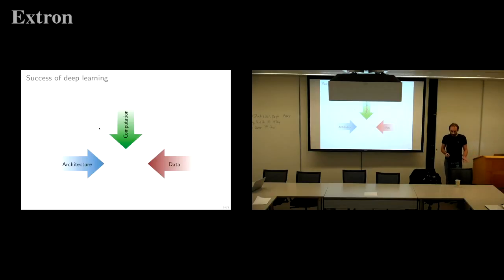Okay, so the success of deep learning, even though deep neural networks have been around for a while, is basically a confluence of three major factors.